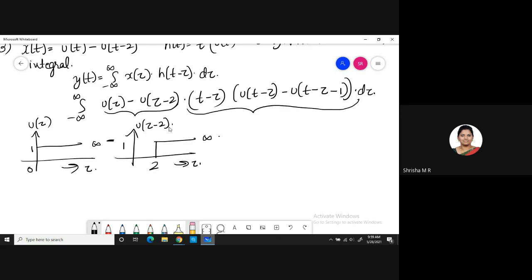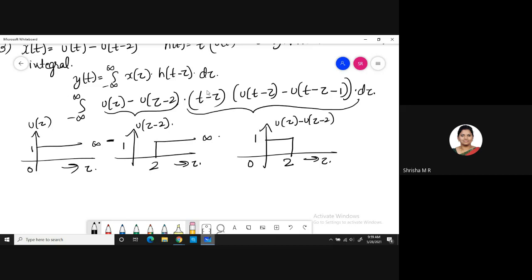If you subtract these two, u of tau minus u of tau minus 2 will be a waveform from 0 to 2 with an amplitude 1. Got it, everyone? Is this clear? Yes, ma'am. So now we have to plot the h of t minus tau term.